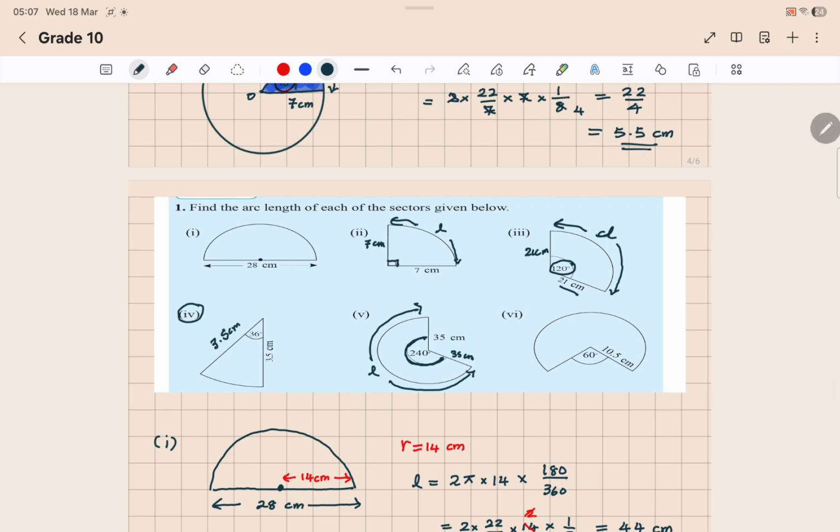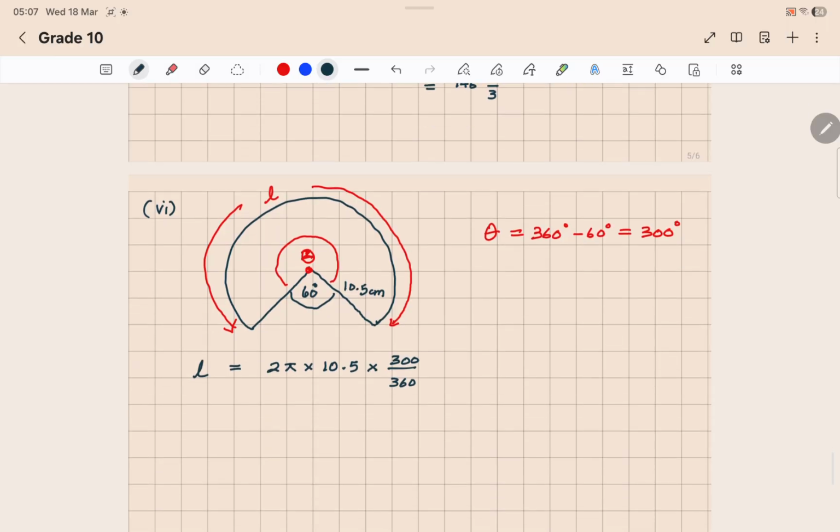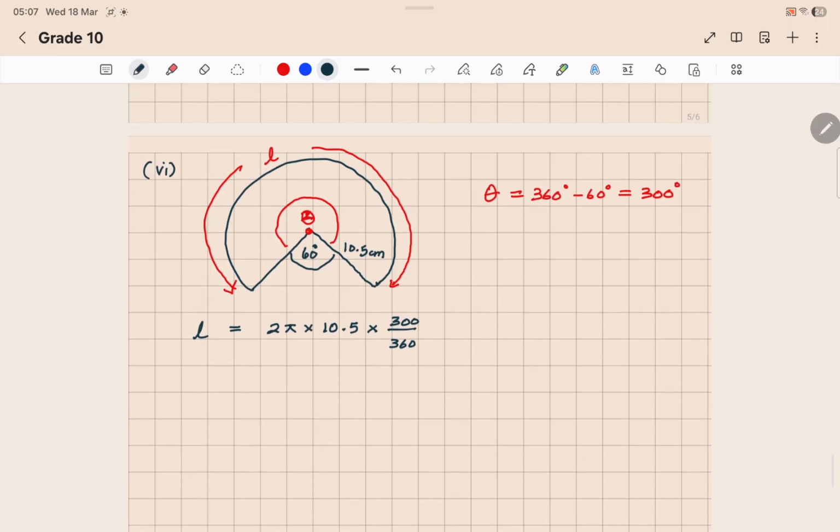But in this one the smaller angle is given, so you have to figure out the bigger angle to get the arc length, because they are asking for the major arc, not the minor arc. If we use 60, we get this dotted length. That is not what we want, right?